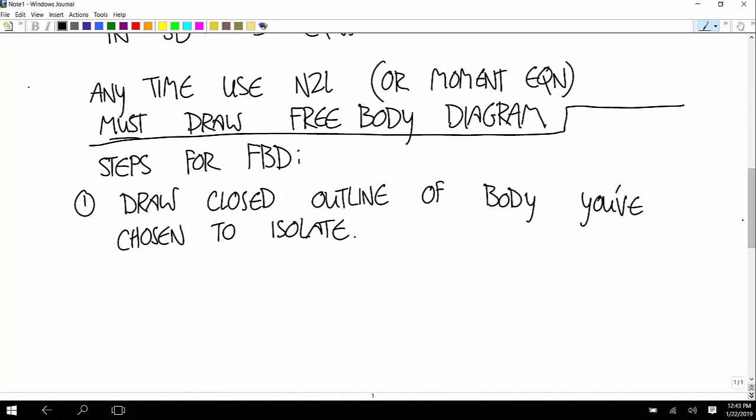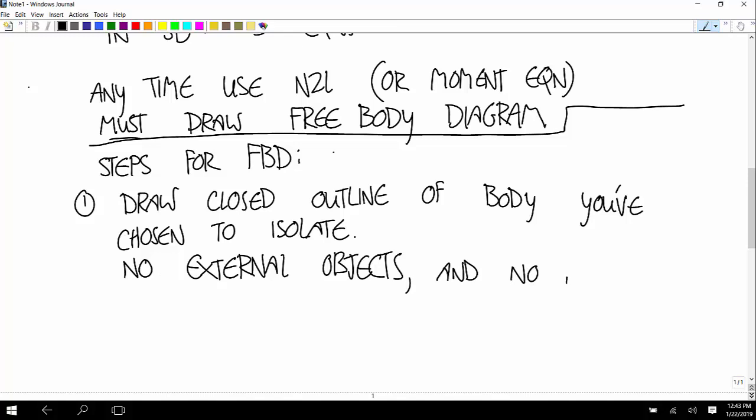The free in free body means that we're replacing anything surrounding, anything that is not part of what we're isolating, and we're only including those as forces. So we're not going to include any external objects in this outline, and no internal details.